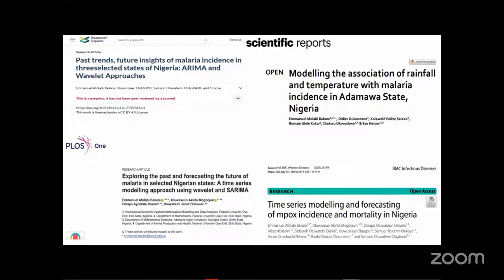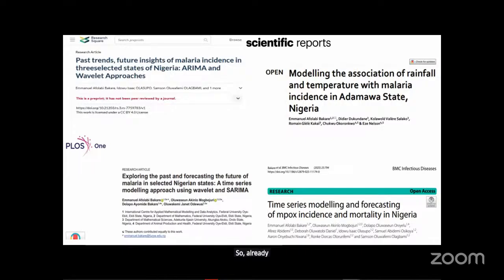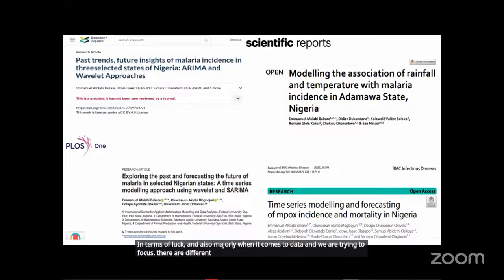Dispersion, climate lag effects. Okay. From what I understand from the question, already in time series models I mentioned the concept of lag. Majorly when it comes to data, there are different domains.